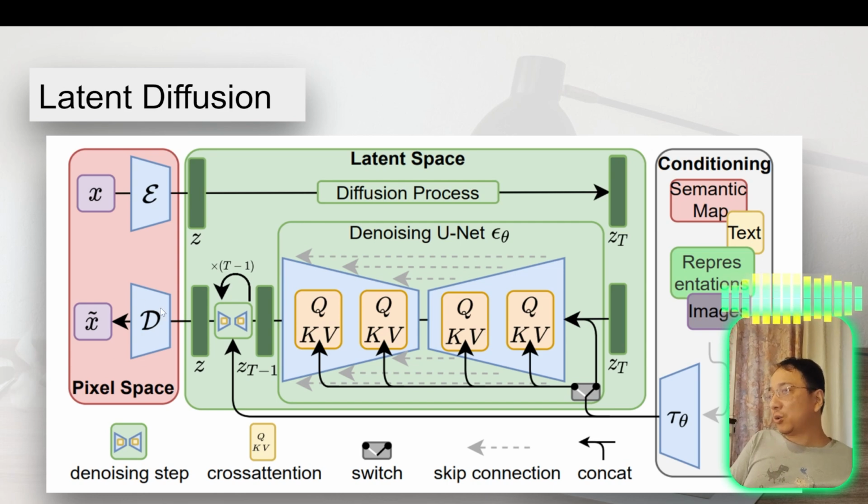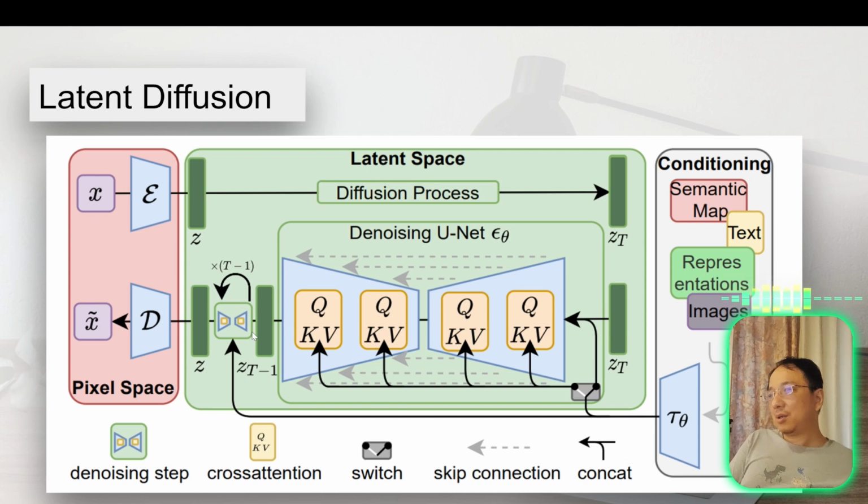Then we use a decoder to decode this 64 by 64 by 4 latent vector into pixel space and get an image of 512 by 512 with 3 color channels. The encoder and the decoder are trained separately. And also, if we wish to add some conditions, like the text prompt, it can be concatenated into the denoising process.